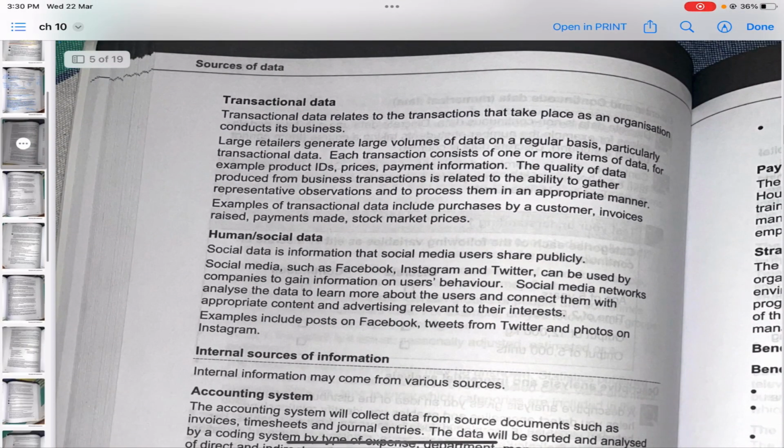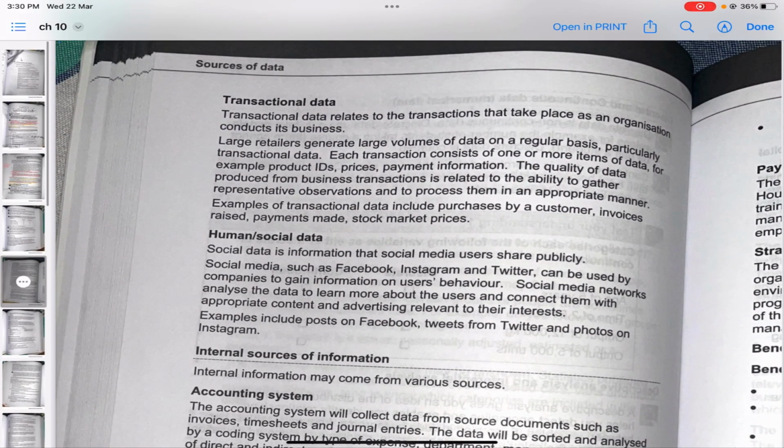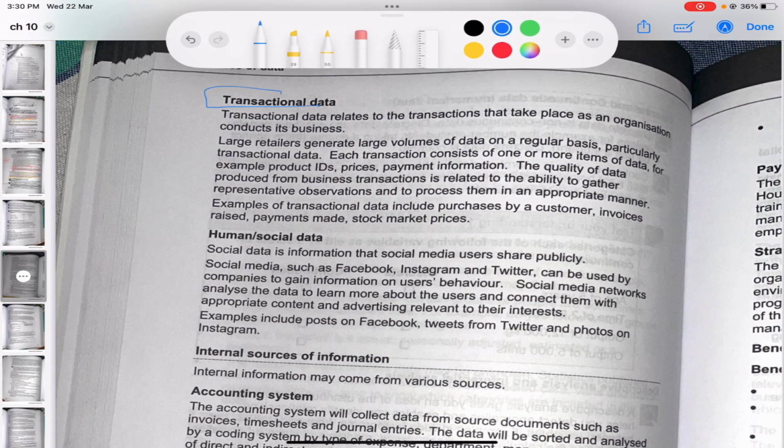Okay. Now we have transactional data. Let's read that. Transactional data relates to transactions that take place as an organization conducts its business. So in a business organization, various transactions keep taking place, right? You can collect information from the various transactions that have been taking place.